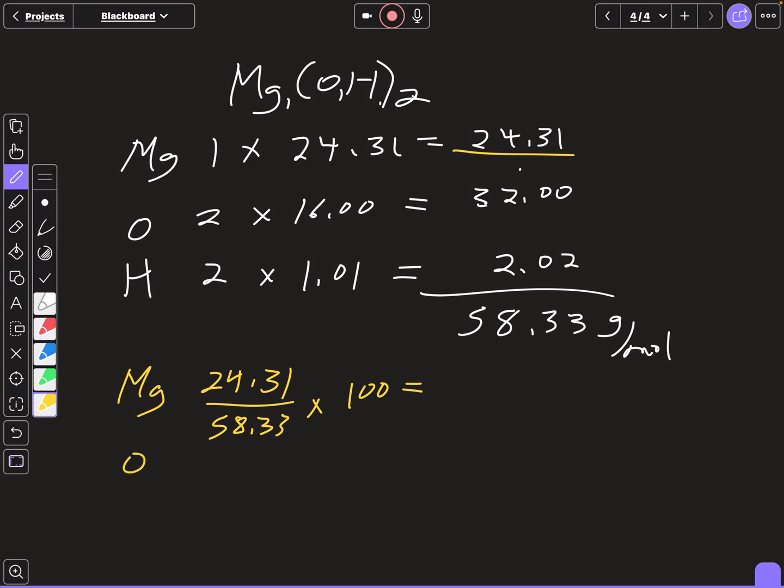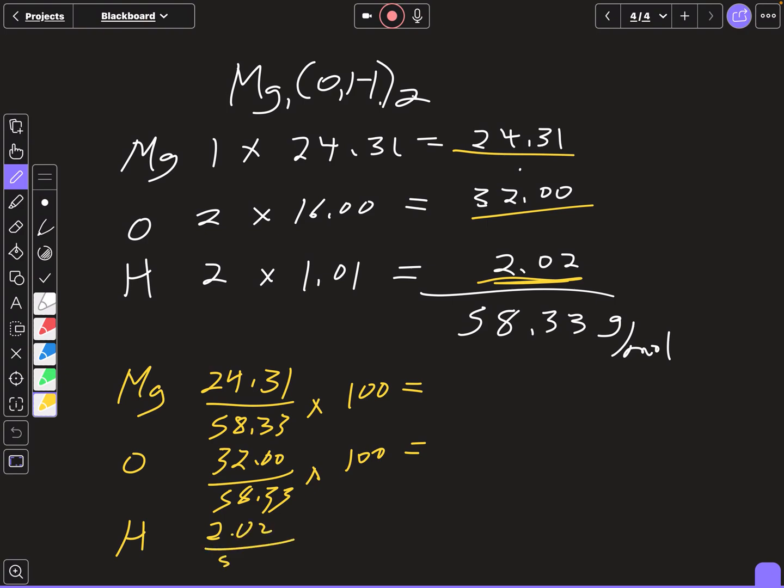For oxygen, that would be 32.00 divided by the total, 58.33, times 100 to get a percent. And then last, hydrogen, its mass, and this was 2.02, divided by the total, 58.33, times 100 to get a percent.